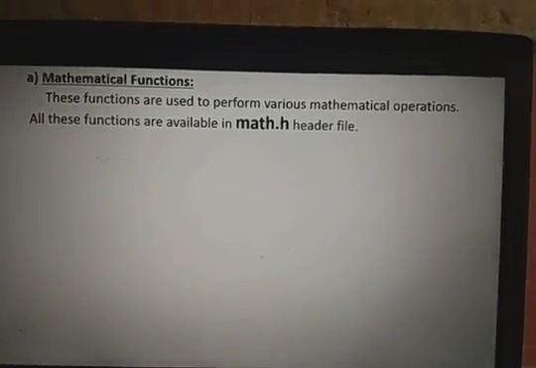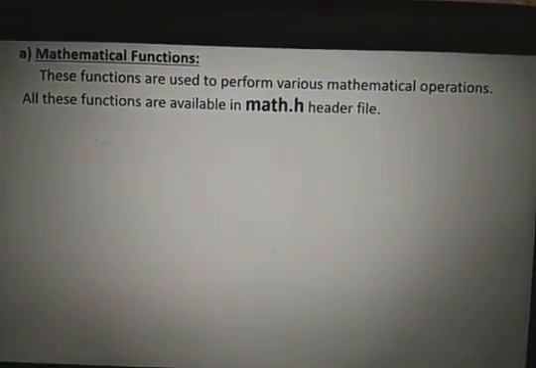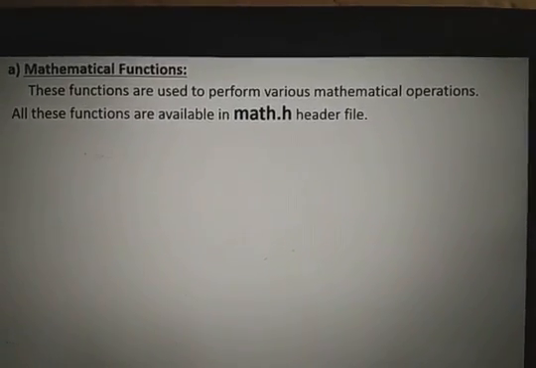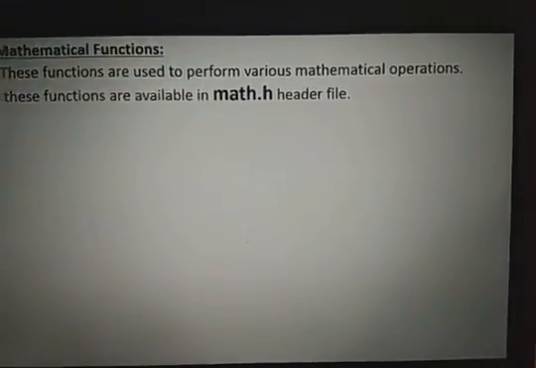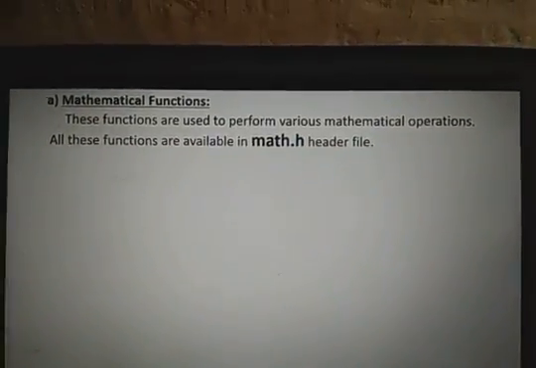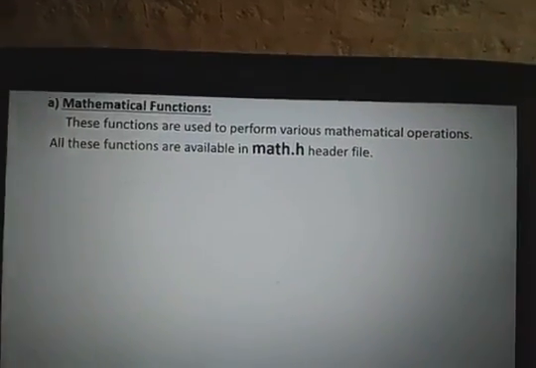It means that to use the clear screen function and getch, we use the conio.h header file. To use printf, scanf, int, float and so on, we include #include stdio.h.